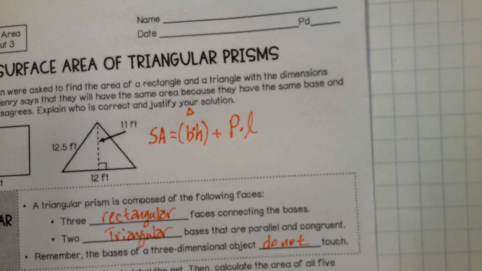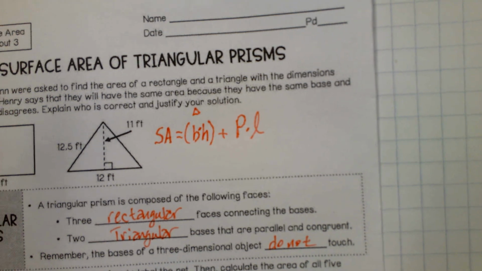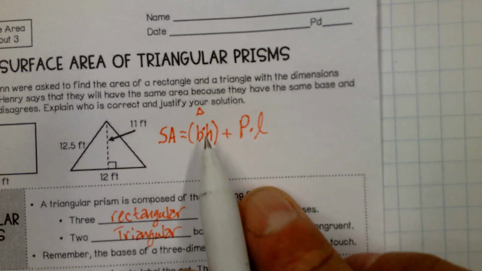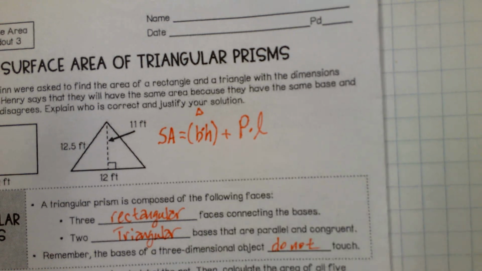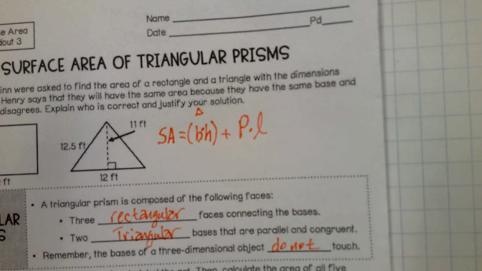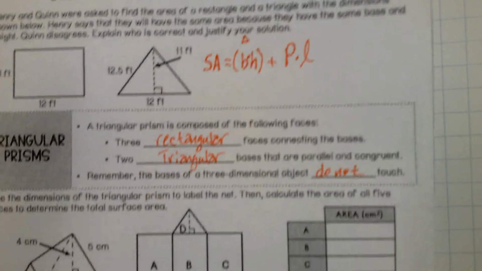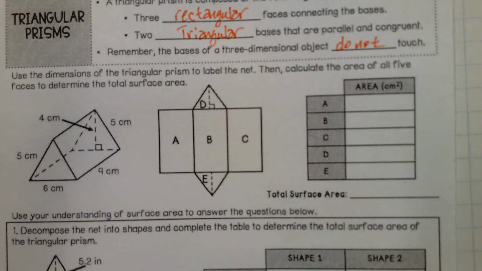Write that down. So base times height, and that's of the triangle, plus the perimeter times the length, which we did before.